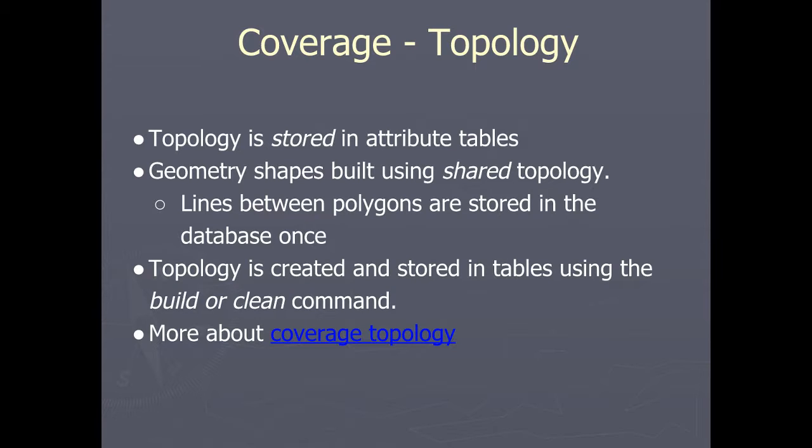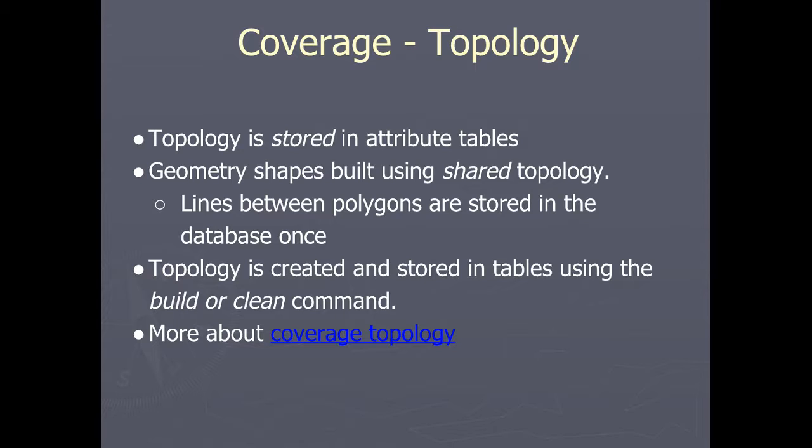Another important thing is that the geometry shapes were built using shared topology. What that means is that the lines between two polygons were only stored in the database one time. This was really done to reduce storage space, but it caused very strict implementation of topology and meant you couldn't do some things like have overlapping polygons and have donut holes in polygons.